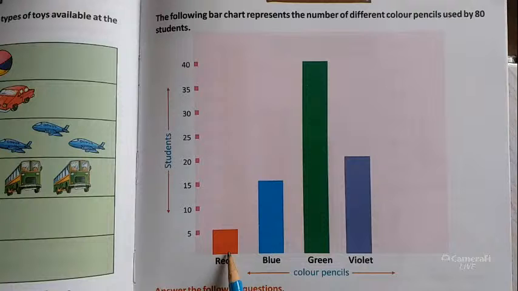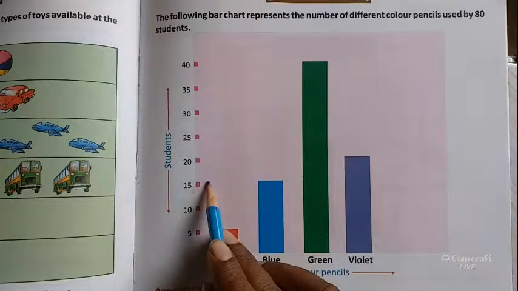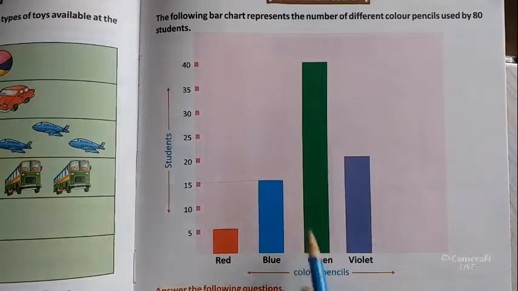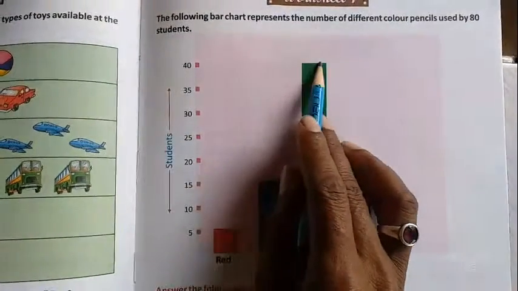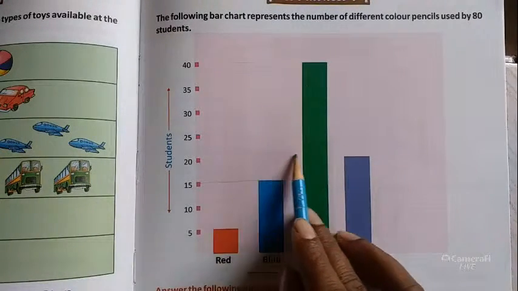Red color pencil is used by 5 students. Blue color pencil is used by 15 students. Green color pencil is used by 40 students. And violet color pencil is used by 20 students.